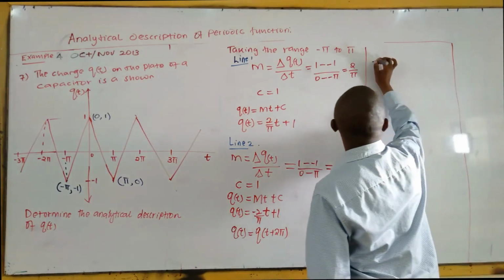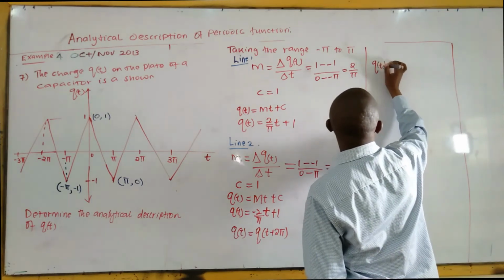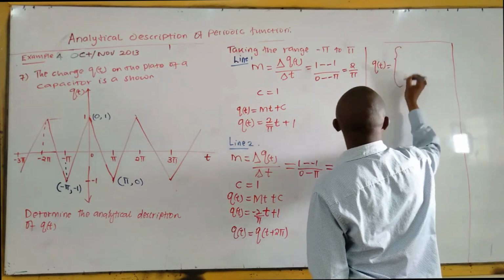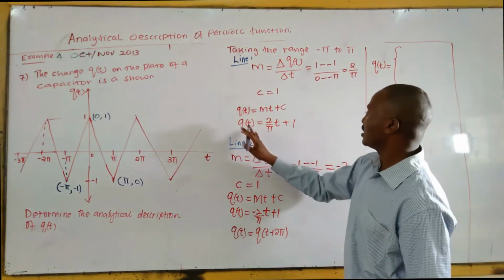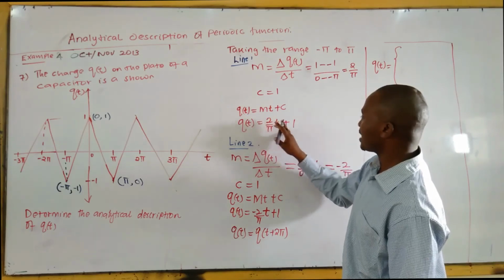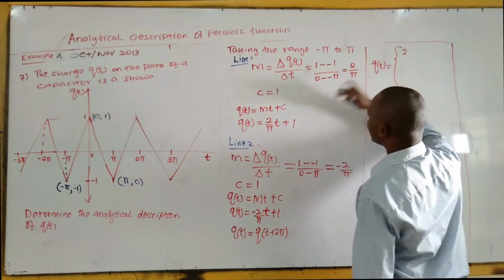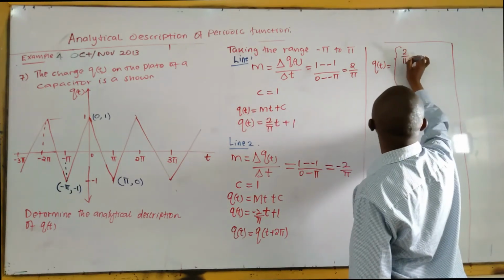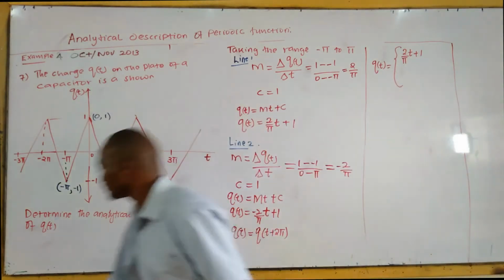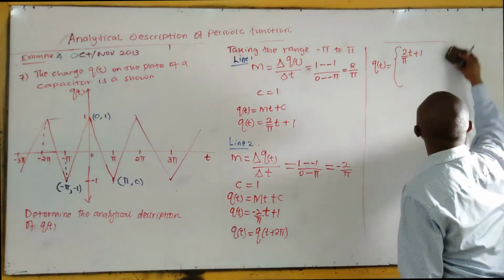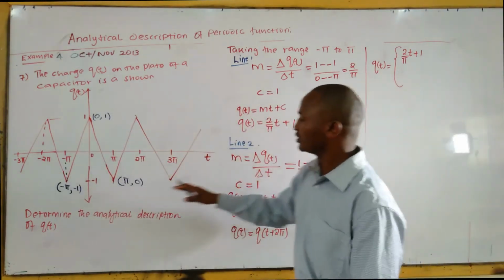Now you can bring everything together and summarize. Q of t is equal to 2 over pi t plus 1, for which range of t?